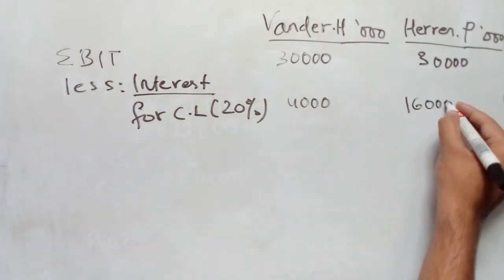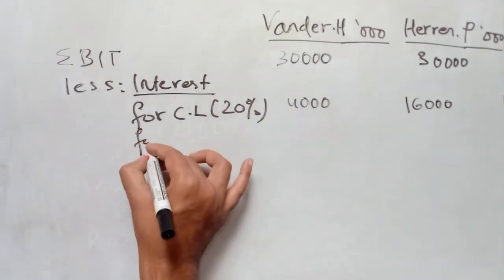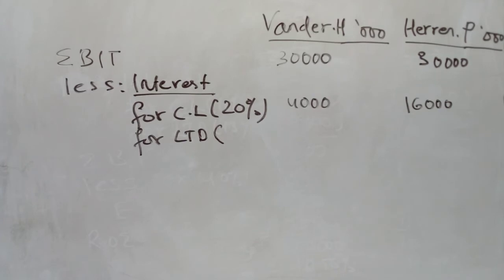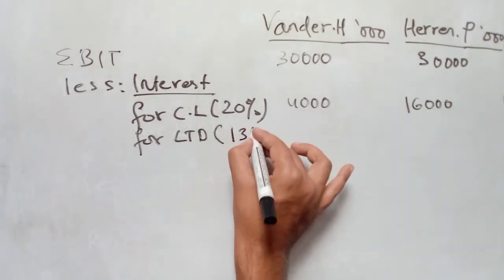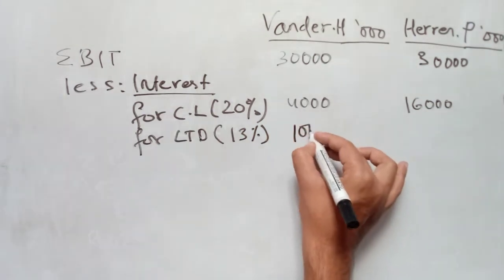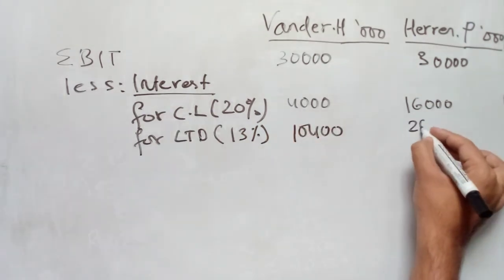And again in case of the long-term debt, this is the confusing part. What should you use, 13% or 16%? If you look closely, there is no new issue, which means the rate is again 13%, that is existing. So this is the same value, 10,400 and 2,600.